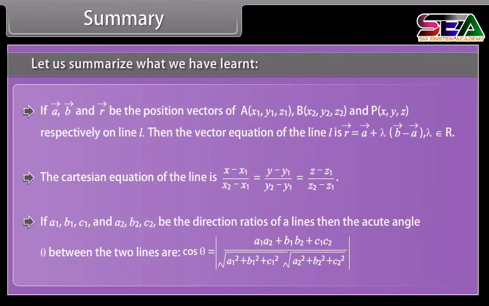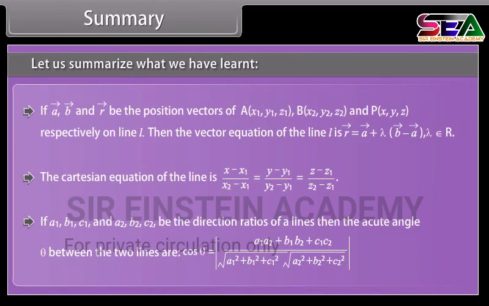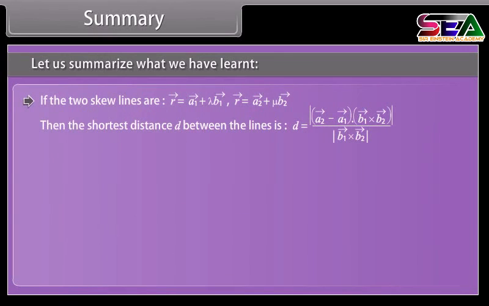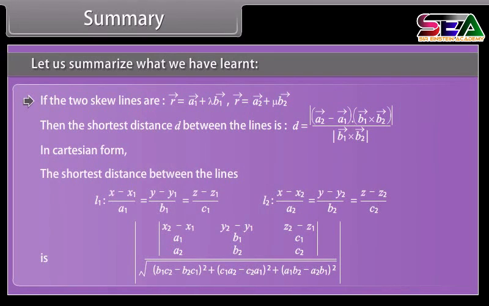If a1, b1, c1 and a2, b2, c2 are the direction ratios of two lines, then the acute angle theta between the two lines is given by the following. If the two lines are skew, then the shortest distance d between the lines is given, in Cartesian form, by the following.